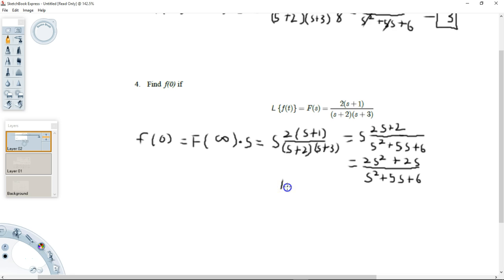You would think of this as the limit as s approaches infinity. So these would cancel out, these would cancel out, and this also would cancel out, and what you're left with is 2.